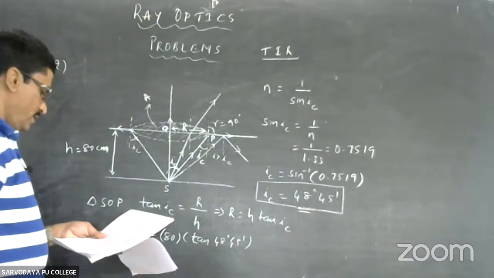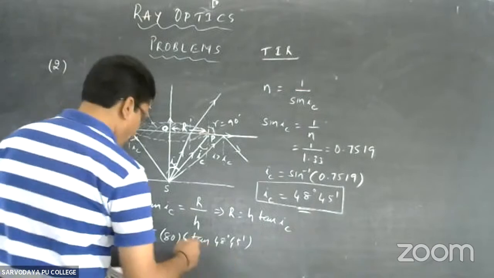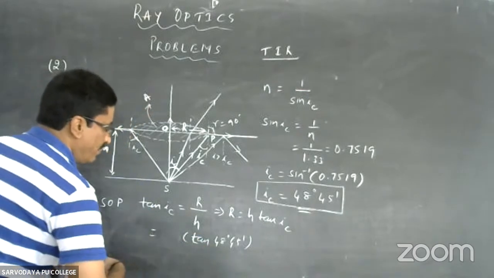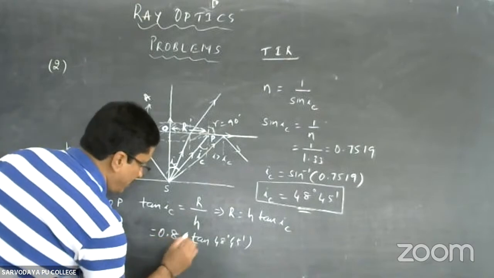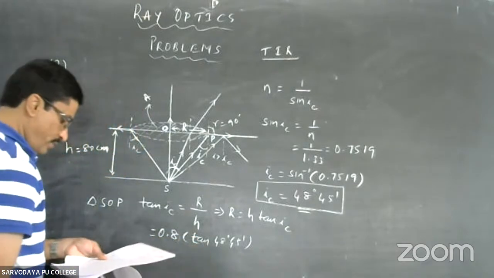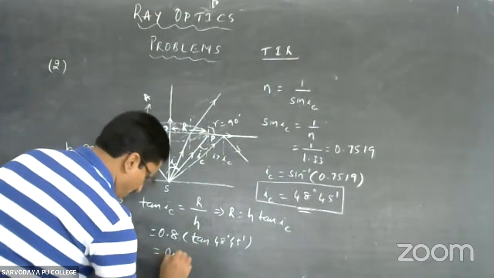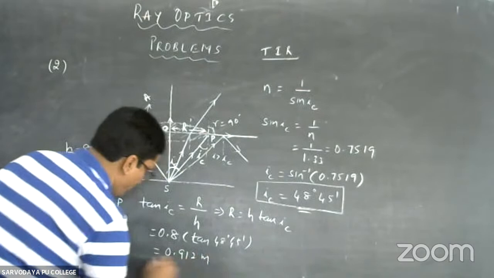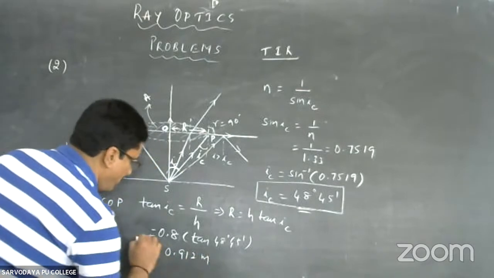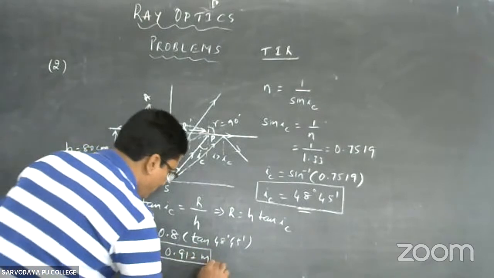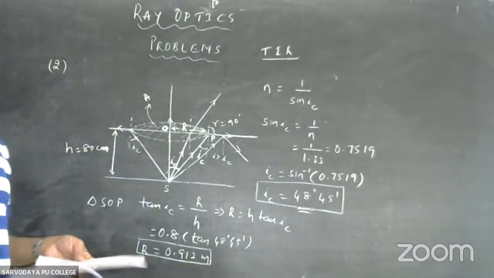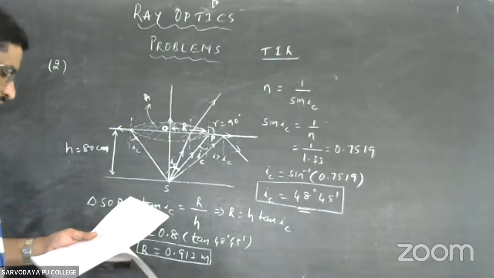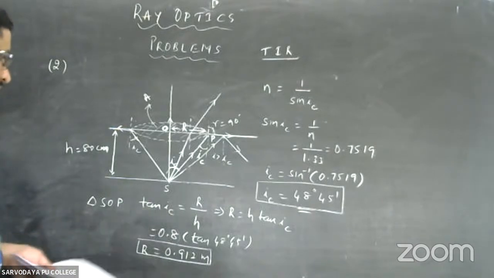If I consider this in the SI system, we can take this as 0.8 meter. Therefore, in terms of meter, it will be 0.912 meter. I have written the simplified value of the radius. On simplification of tan 48 degree 45 minutes, you will be getting 0.912 meter.